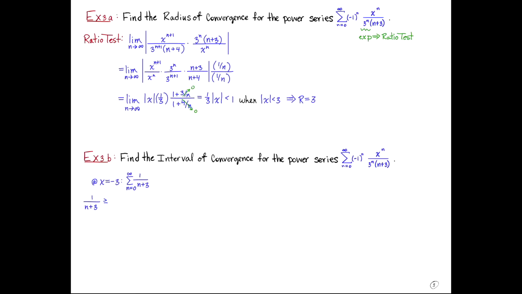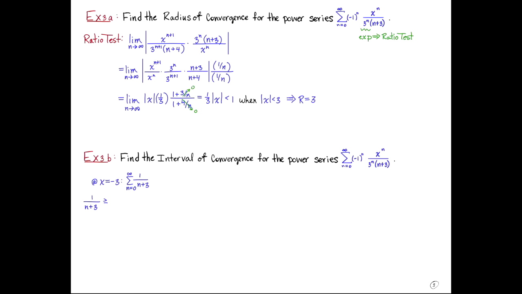If we had 1 over n minus 3, then the pluses and negatives would be working in our favor. We'd be able to say 1 over n minus 3 is greater than or equal to 1 over n. But here, the pluses and minuses, they're not working in our favor. So that's when we want to use the finesse method.